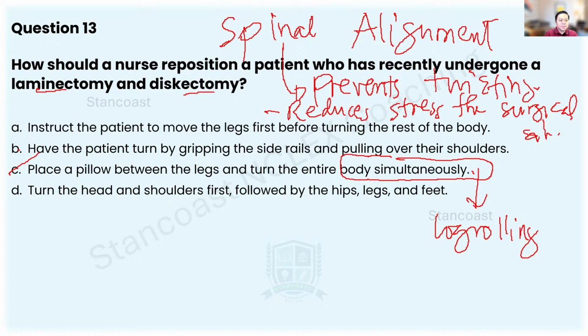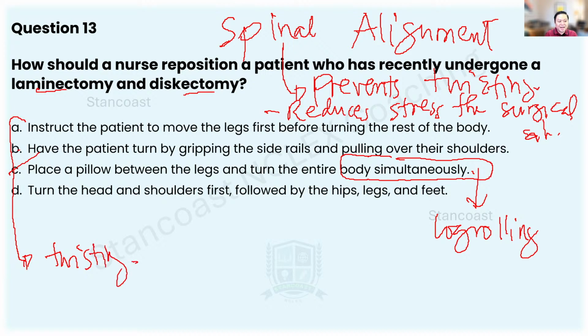If you had answered letter A, instruct the patient to move the legs first before turning the rest of the body, this is an act of twisting. This is going to cause misalignment and increase the risk of injury to the site. Right? What about letter B?